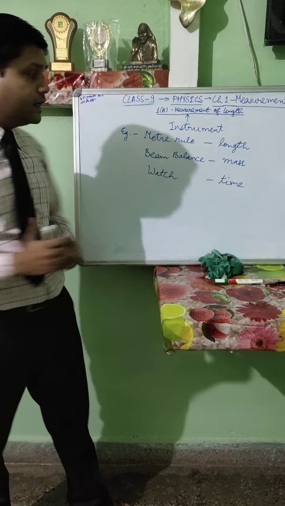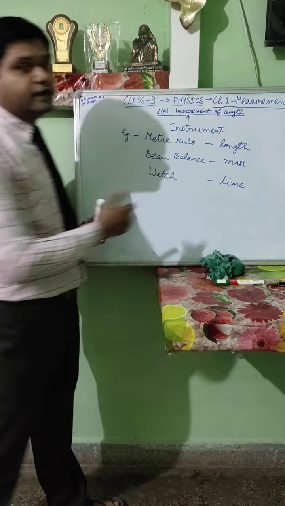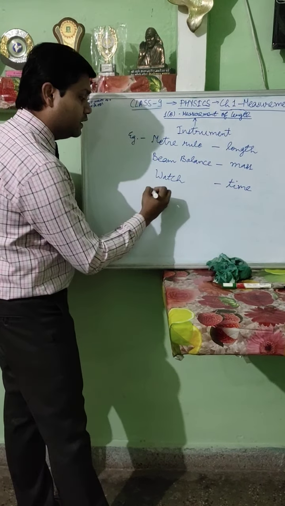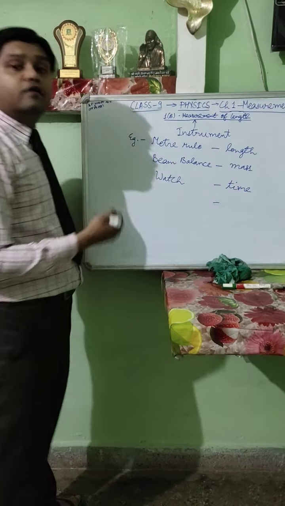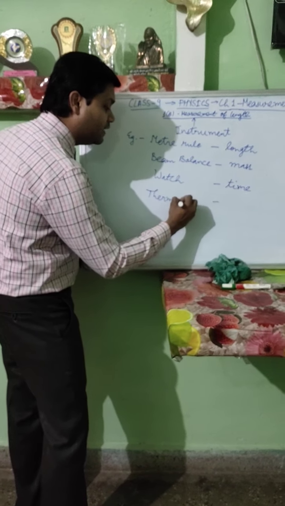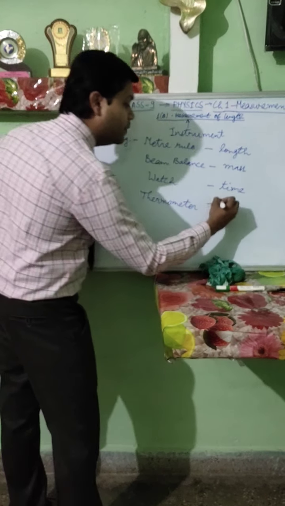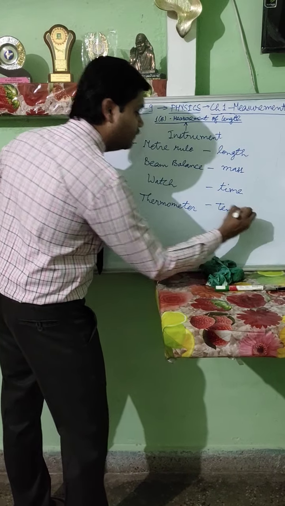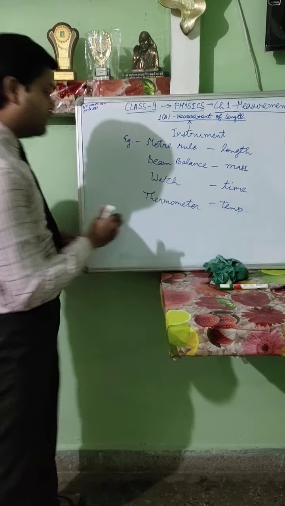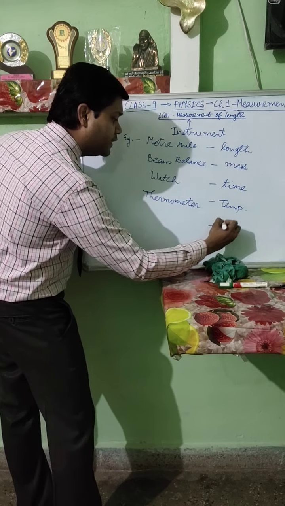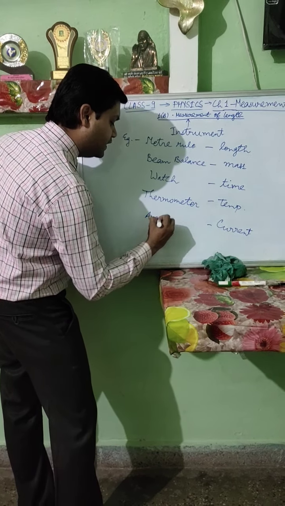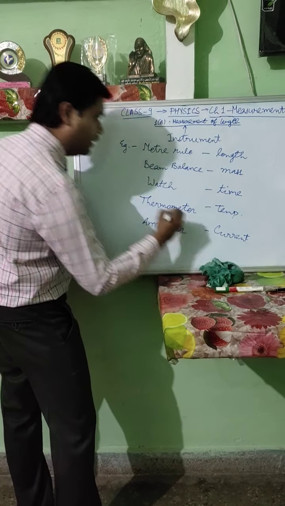We are able to find it out with the instrument named watch. In the same way, if we have fever, what do we use? We use a thermometer. The thermometer is the device used for measurement of temperature, whether for our bodies or in the laboratory. Same way, for measurement of current, we use an ammeter. Ammeter is the device which is used for measurement of current.